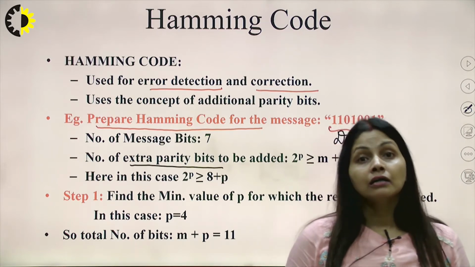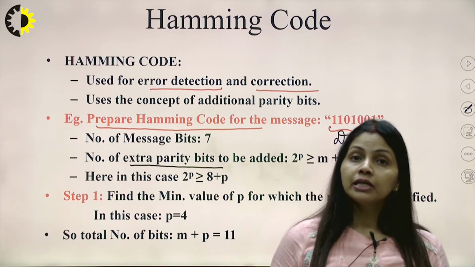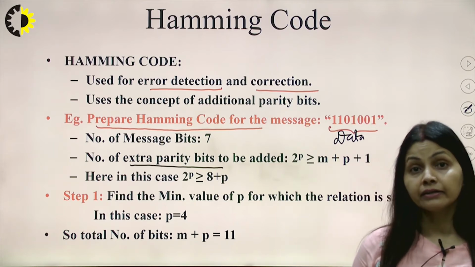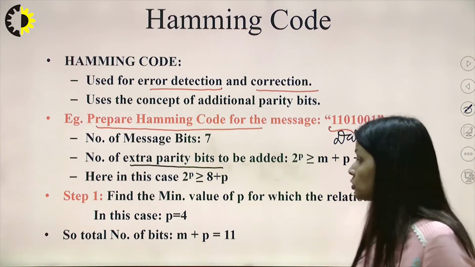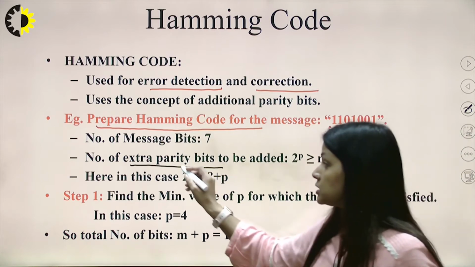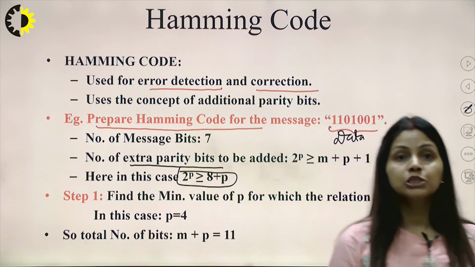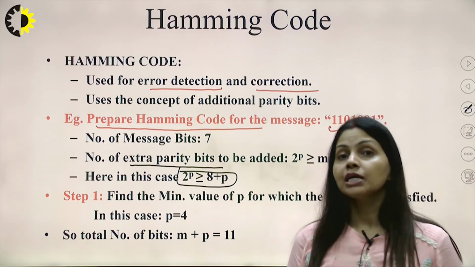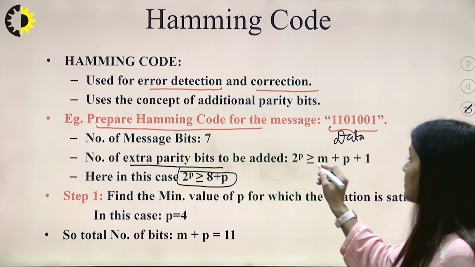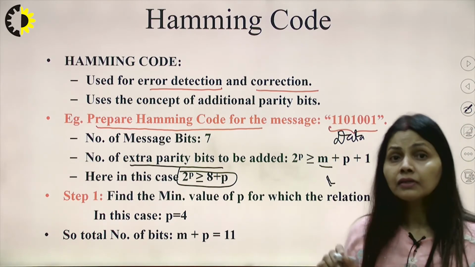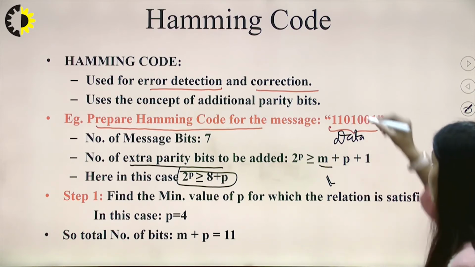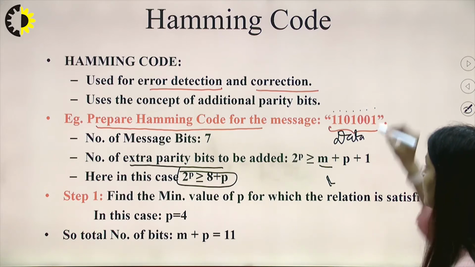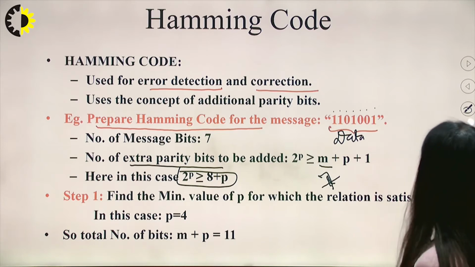We will find out how many parity bits actually the data requires for exact error detection and recovery. So here first step is to apply this formula, that is 2 raised to the power p should be greater than or equal to m plus p plus 1, where m is the number of bits in the message. So here we will calculate number of bits: 1 2 3 4 5 6 7. So I will write here 7 bits.